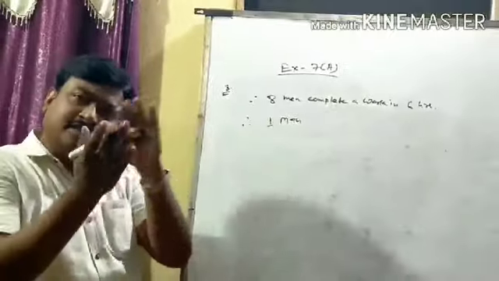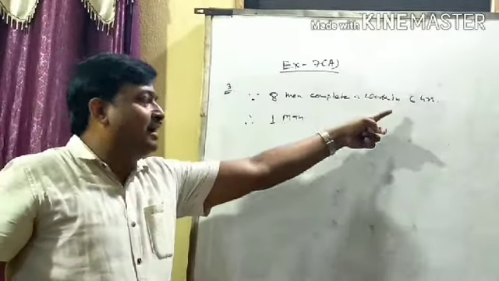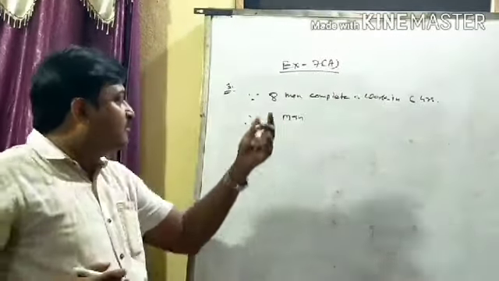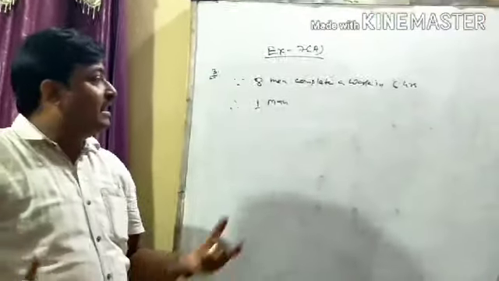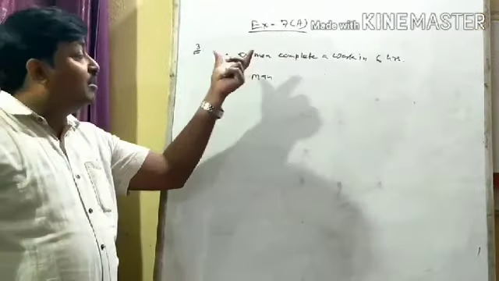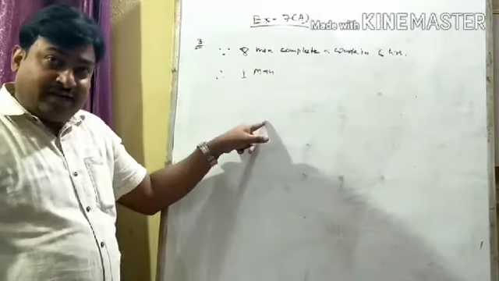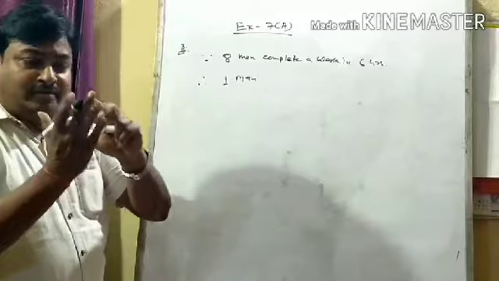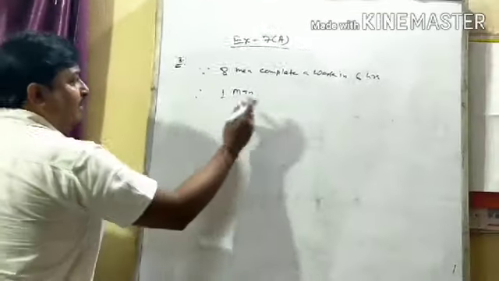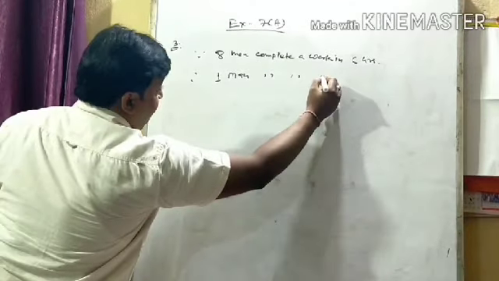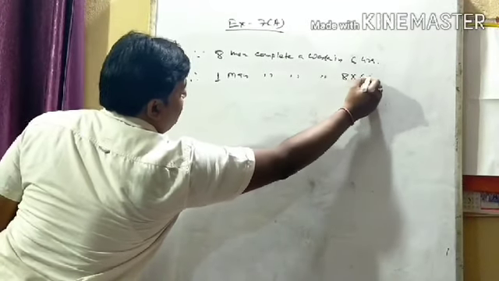The number of persons is reduced, therefore the work hours will be increased. Suppose 8 men can perform a work and need 6 hours; if the number of men is reduced from 8 to 1, the number of hours to complete the work will be increased. Therefore, one man will complete the same work in 8 into 6 hours.